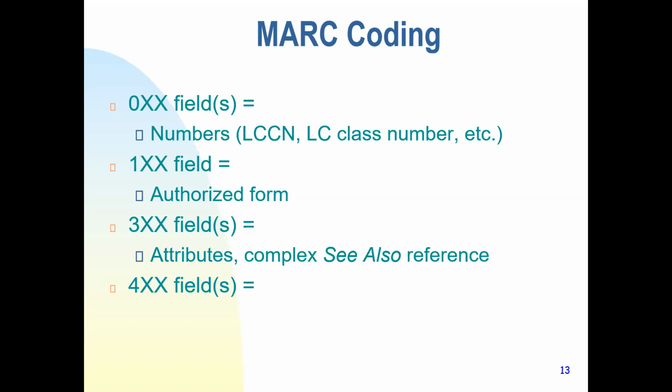And then the 4XX of the authority gives us the unauthorized term or see references. So those are the terms that cannot be used in the bib record, but they do lead us to the preferred term that we can find in an authority record in the 1XX.